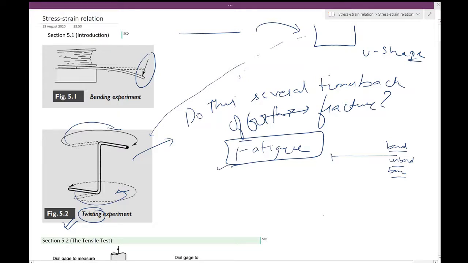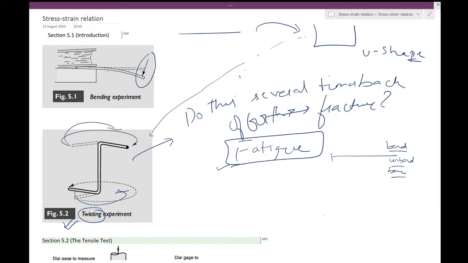Okay, so these are the simple experiments which you can do to understand these terms. They have a much grander meaning when we learn about solid mechanics and apply these concepts, but as of now you can just get an idea of what these terms mean in the most crude and simplistic ways.